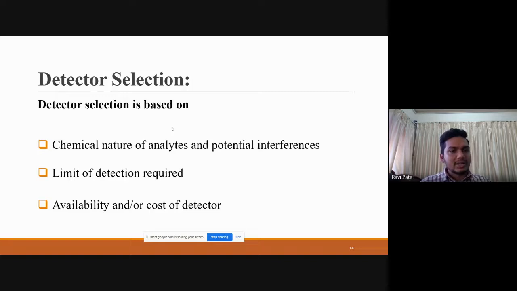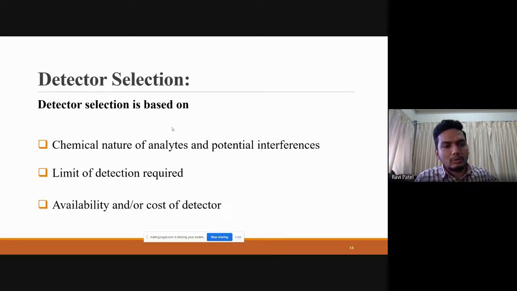What criteria should we keep in mind for selection of a detector? The first is the chemical nature of the analytes and their potential interference. The second is the limit of detection required. If I want my method to have the lowest LOD, that would not happen when using the RI detector or the ELSD detector, or the PDA detector.